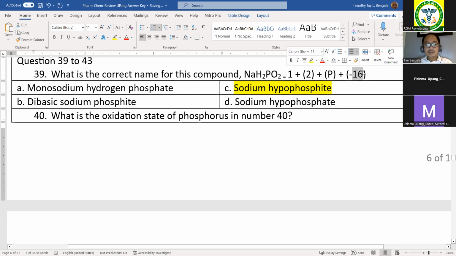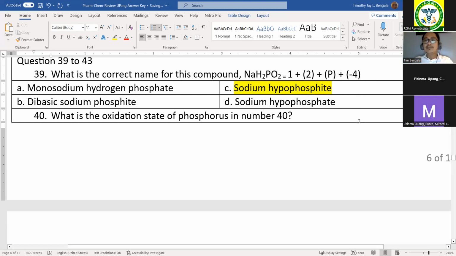So if you look at this, the oxidation state of phosphorus would be positive 1. When we transpose to the other side, you have positive 4, and this becomes negative 2 and negative 1. So positive 1 is the answer.